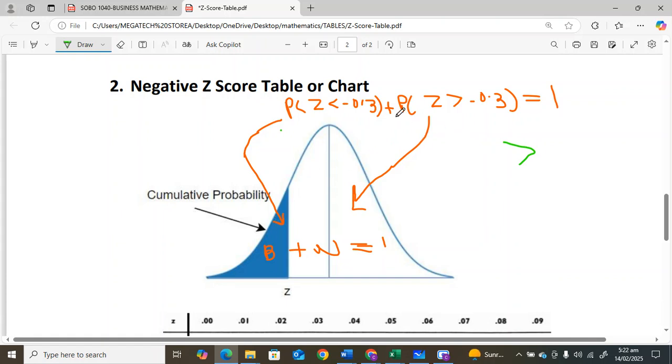Sometimes with negative values the sign can be pointing to the left, so the negative value, we can just still read it here. So we only do this when this sign points to the right, and we're using this kind of table where the shaded area is to the left. Are we okay with that, sir?